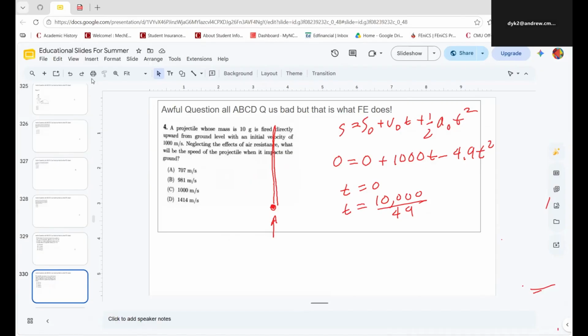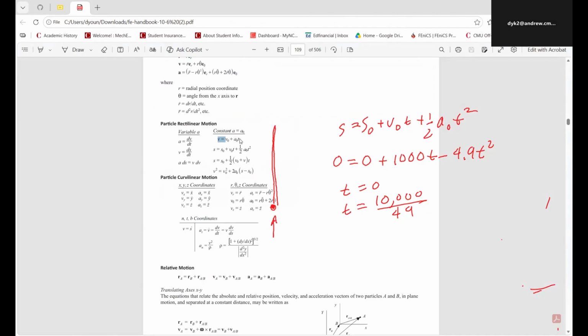Now, what is the speed at that point? You just have to look at the velocity. So we look over here, and we do v equals V0 minus g t. So v equals V0 minus 9.8 multiplied by 10,000 divided by 49.